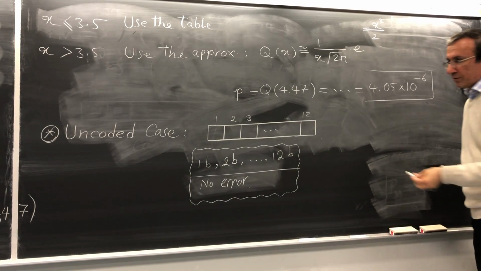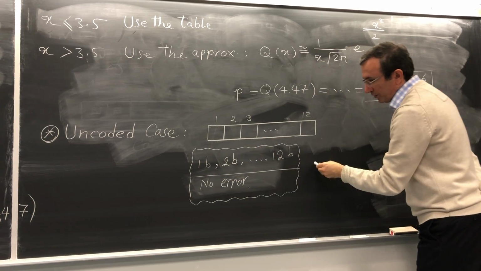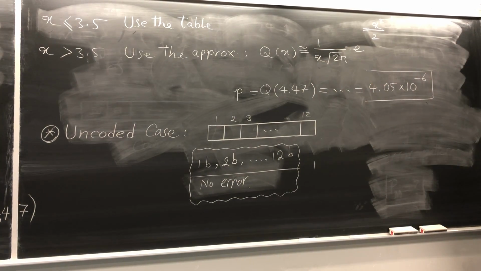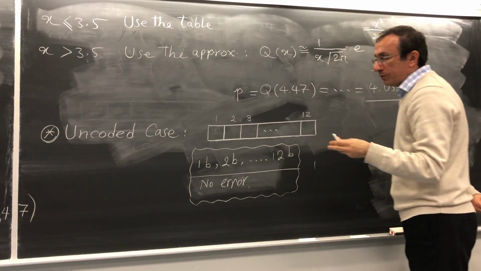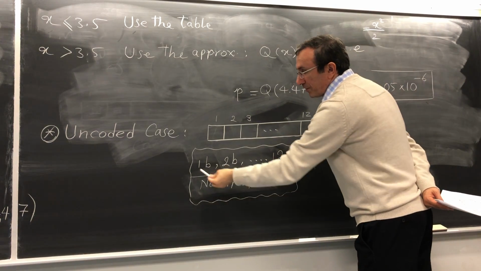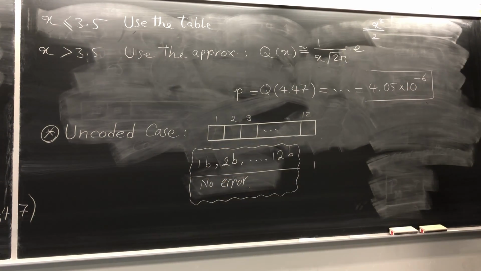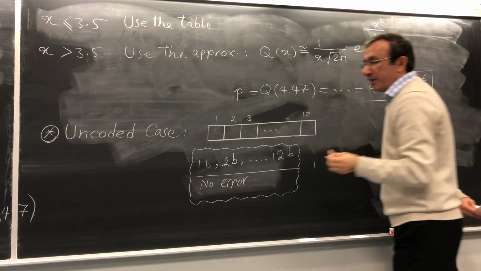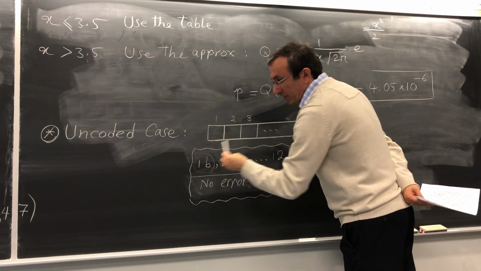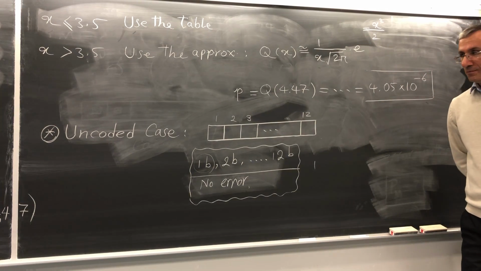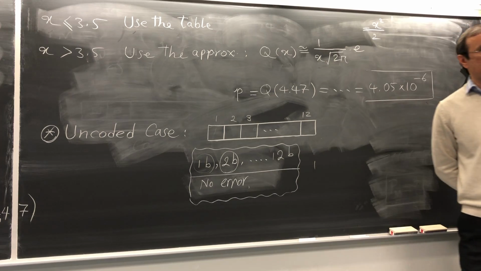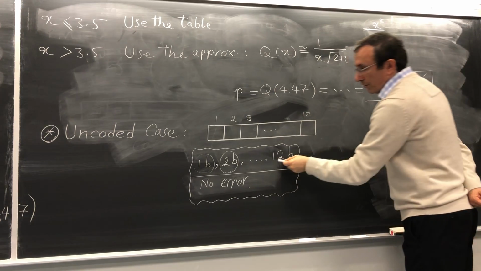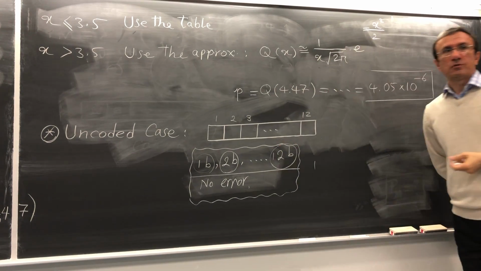right? So the probability of all these situations would be 1, right? So it's up to you. If you want to figure out the probability of the occurrence of any number of errors, you can find the probability of the occurrence of 1 bit plus the probability of the occurrence of 2 bits with all the combinations, all the way to all the 12 bits in error.